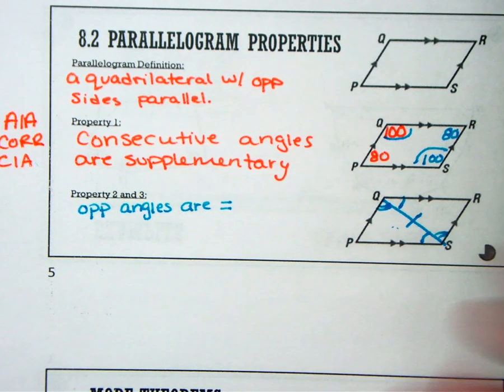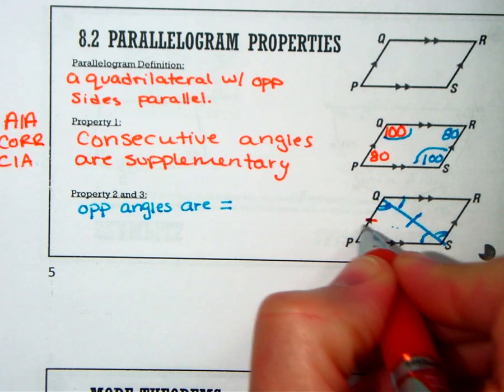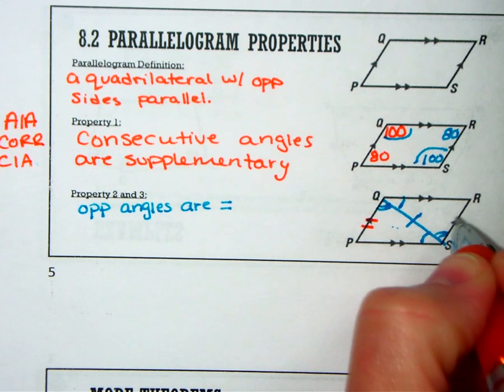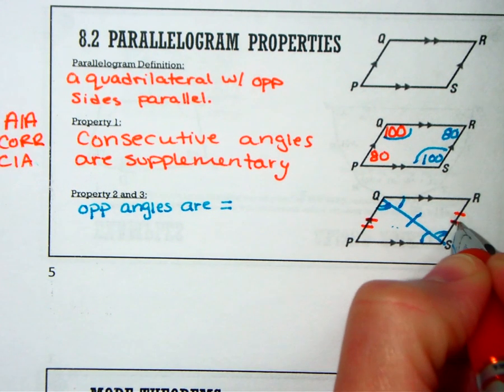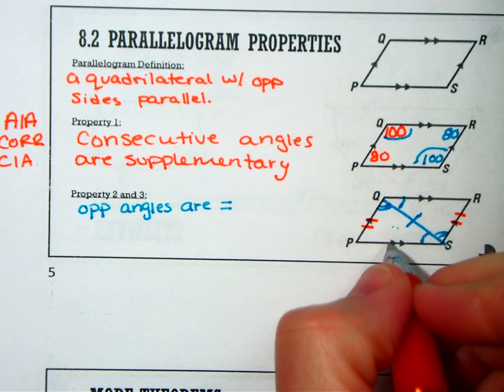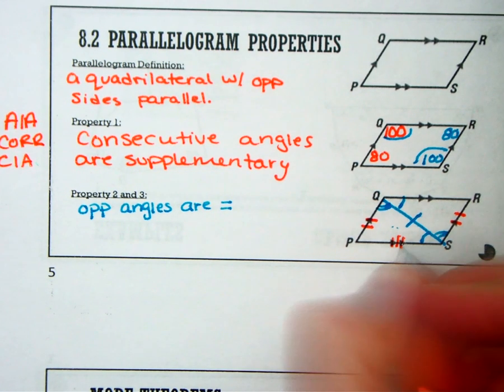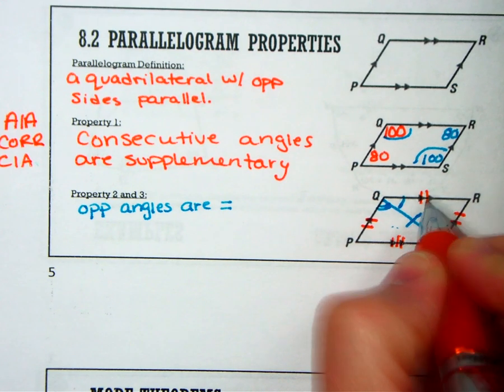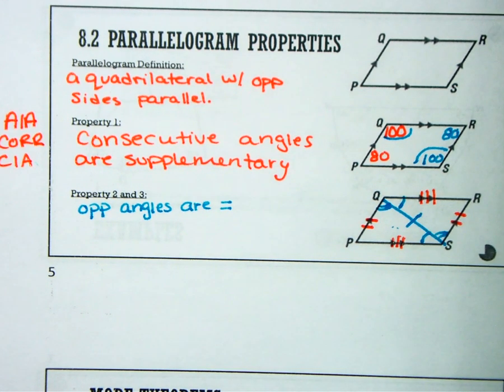Because these two triangles are congruent, I can say anything I want, which includes saying that this side is congruent to that side. And this side down here is congruent to that side up there. So are those sides consecutive? Nope, they're opposite.